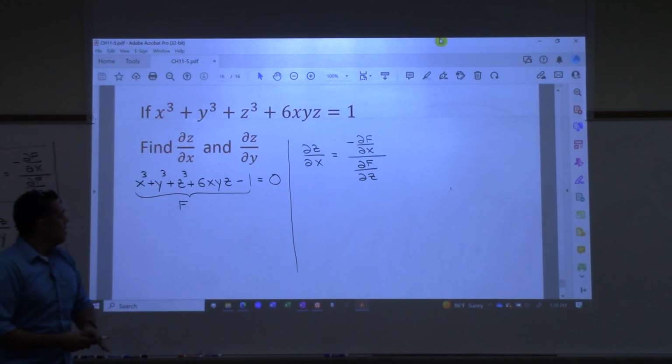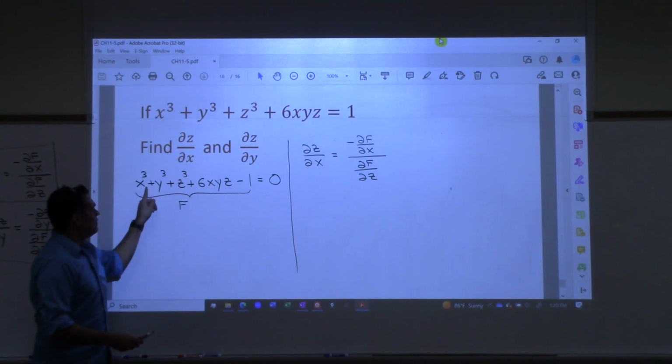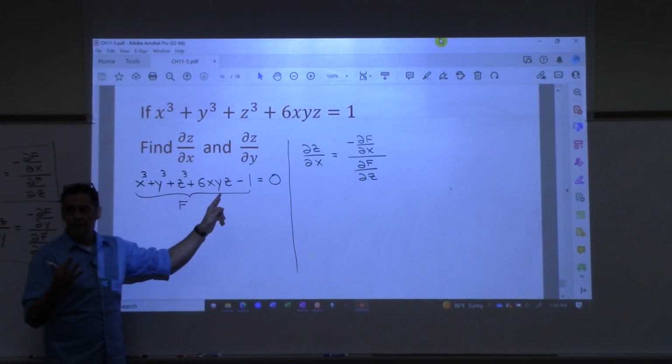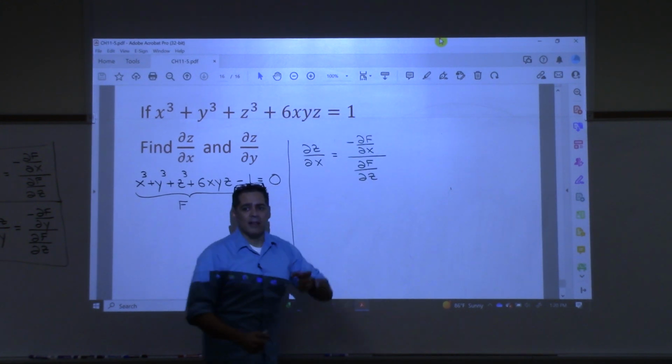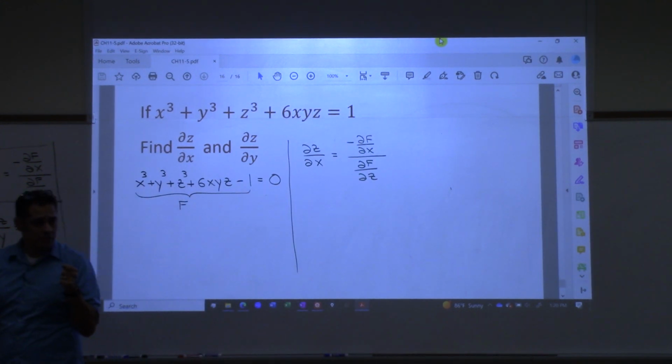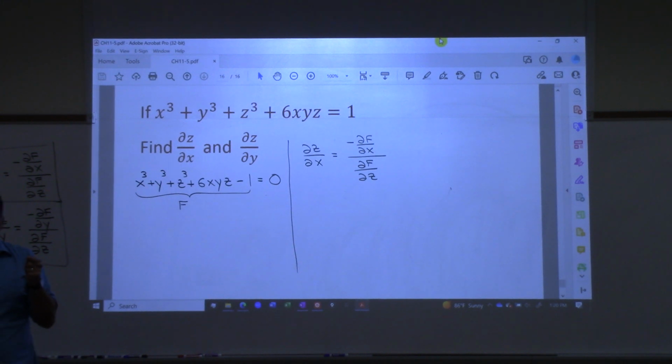Well, here, our capital F is a function of 3 variables. So if I want to do a partial of f with respect to x, what do I have to hold constant? The other 2 variables. Both the y and the z are going to be treated as constants when I differentiate.